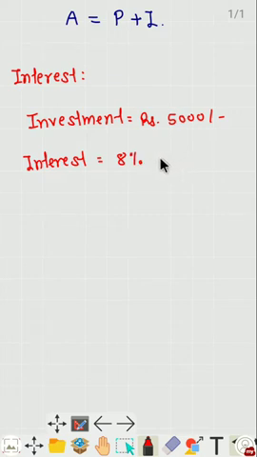Then at the end of 1 year, so this investment is for 1 year, the bank gives me an interest which is 8% of 5,000.